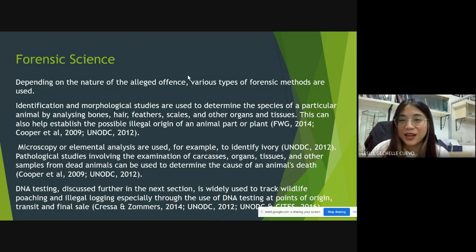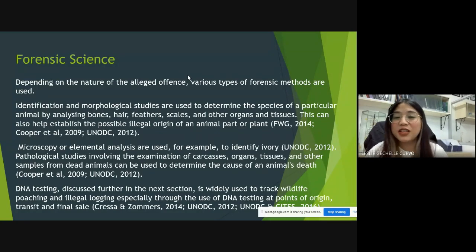This can also help establish the possible illegal origin of an animal part or plant. Hirap magsalita ng nasanay ka na sa Kapampangan. Microscopy or elemental analysis are used, for example, to identify ivory.